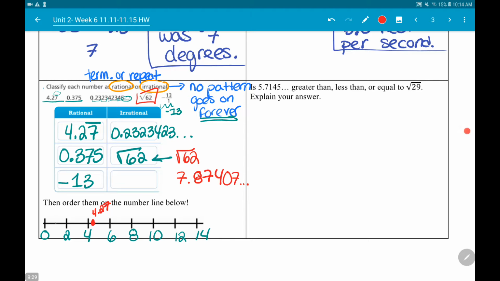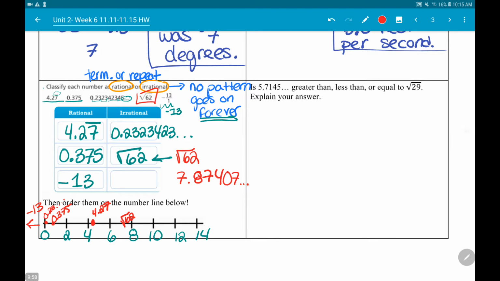I have 0.375. 0.2. That's going to go over here. Square root of 62 is close to 8. And negative 13 would be on the negative side. That would be over here, and I don't have that, so I'm just going to put it over here.